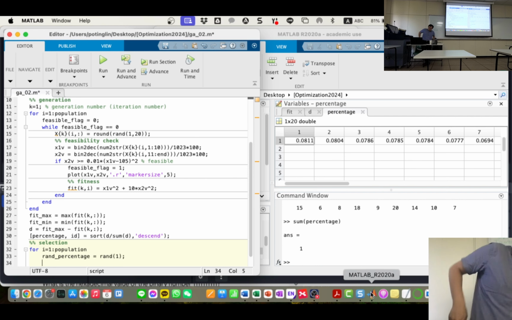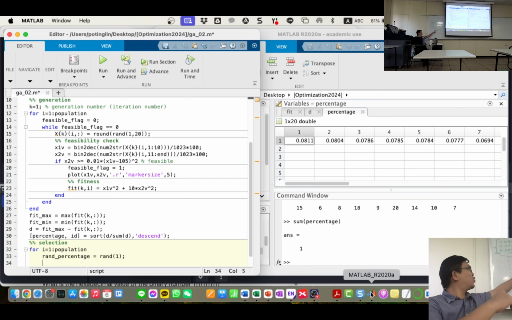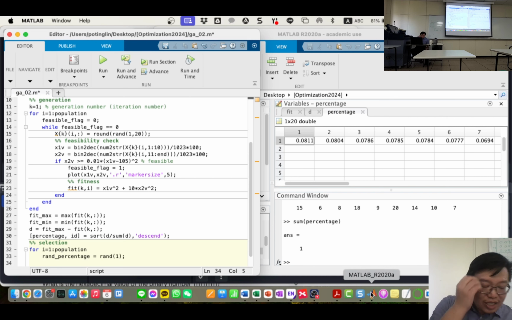So now the way to make it work inside MATLAB, you are going to subtract the percentages one by one until, after the subtraction, the remainder is within a percentage. Then that particular ID is the one.